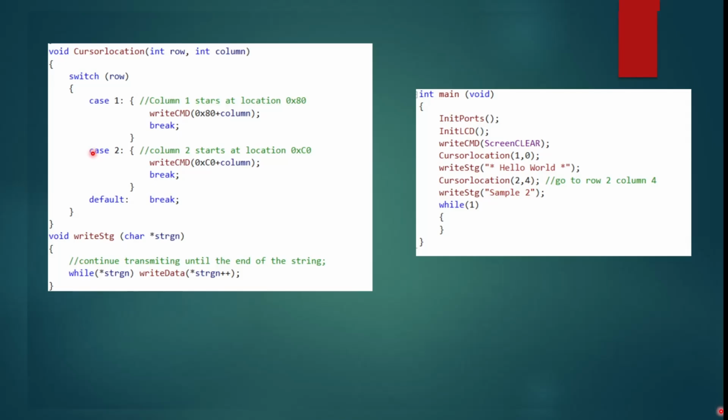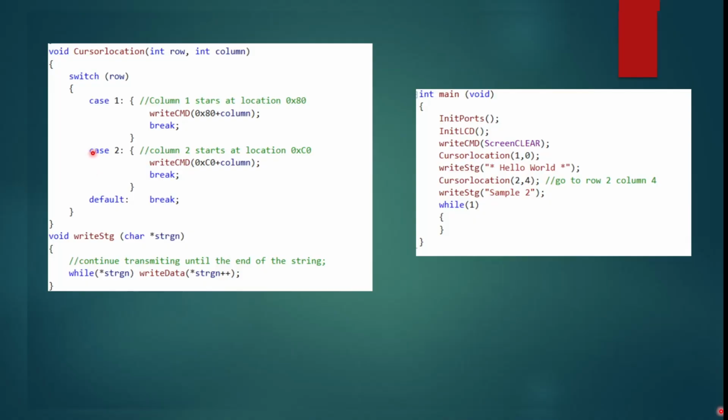If it's in row 2, then we have to send the C0 hex command. In this write command, for row 1 we write hex 80, and we add the column where we want to start. So this is the input we got for the column that we added.